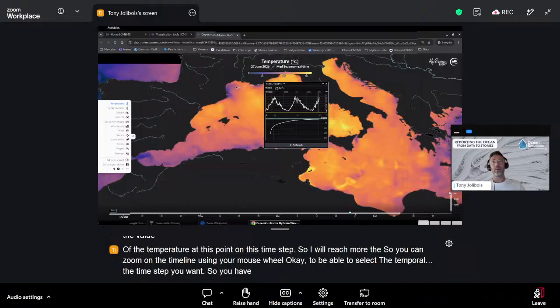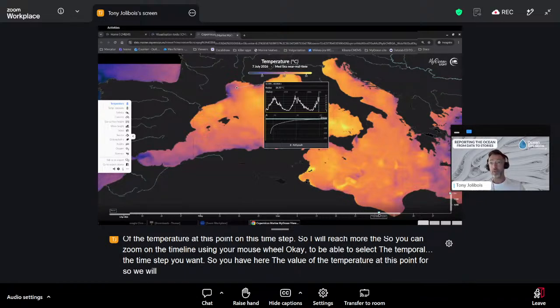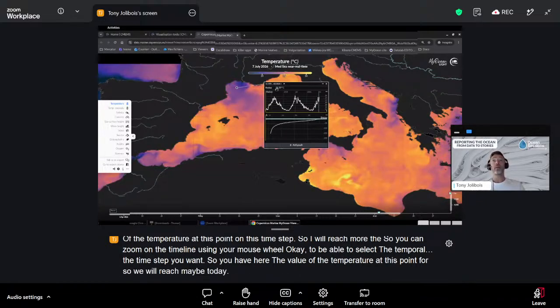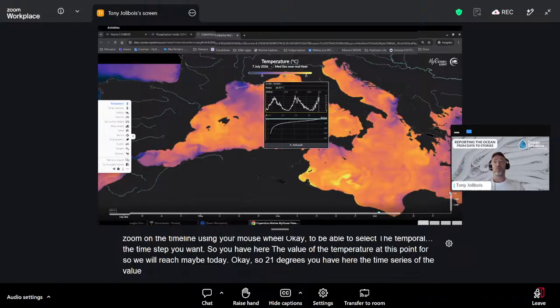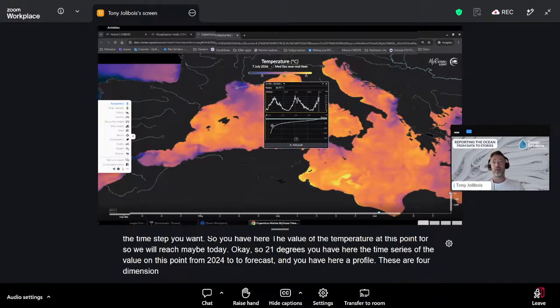So you have here the value of the temperature at this point, maybe today. Okay, so 21 degrees. You have here the time series of the value on this point from 2024 to the forecast, and you have here a profile. These are four-dimension data, so you have the data along the depth of the ocean.